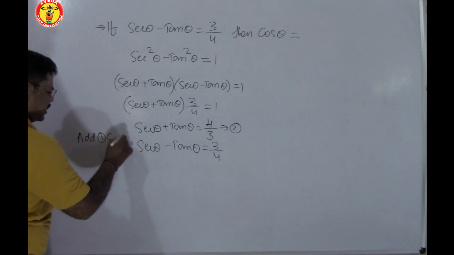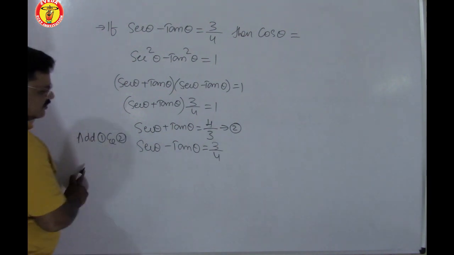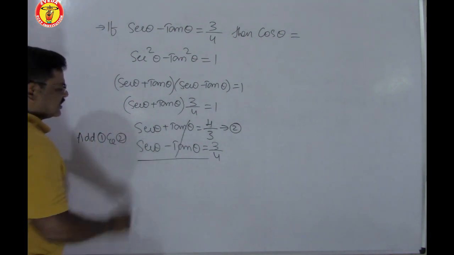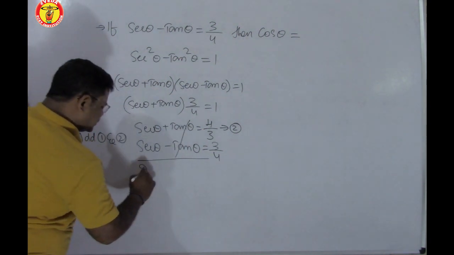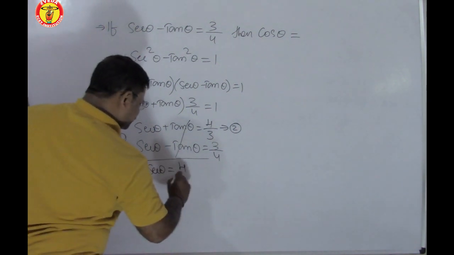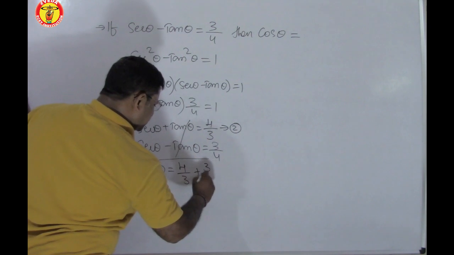1 and 2. When we add 1 and 2, plus tan theta and minus tan theta get cancelled. Secant theta plus secant theta is 2 secant theta, which is equal to 4 by 3 plus 3 by 4.